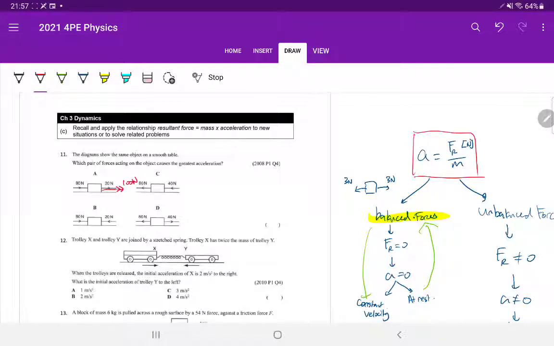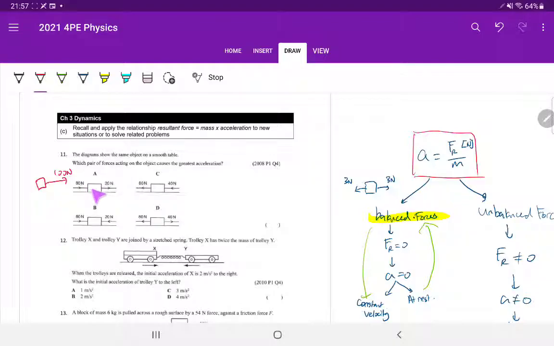Okay, so resultant force is usually drawn with a double arrow. So this is the resultant force. Resultant force is not an actual force acting on an object. The resultant force is the force that is the result of all the forces acting on the object. So in other words, this scenario here, 80 newtons and 20 newtons, will have the same result in terms of the acceleration as an object with a force of simply 100 newtons to the right.